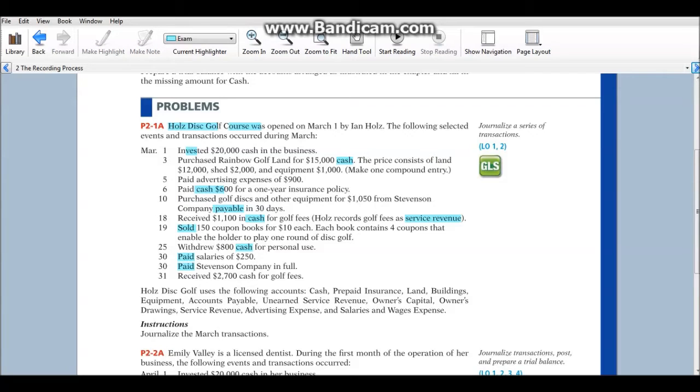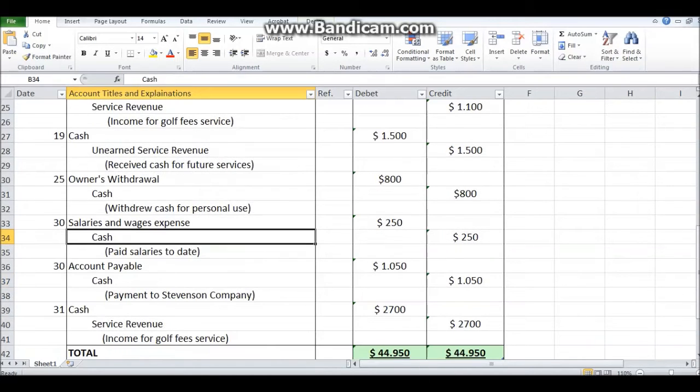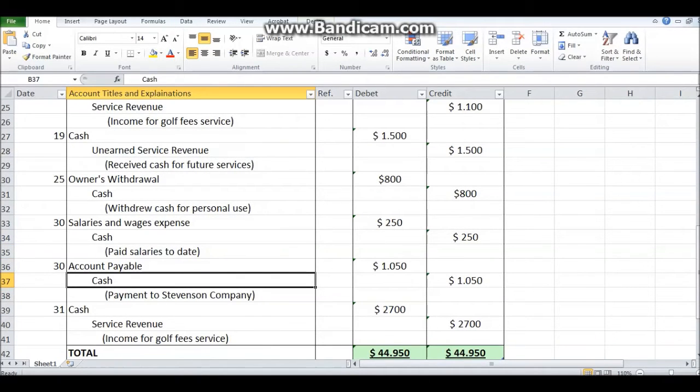It is actually not the exact amount. They still owe 1,050, but they only pay, oh sorry, paid Stevenson Company in full. All right, so the whole payable they paid. All right, that's correct.